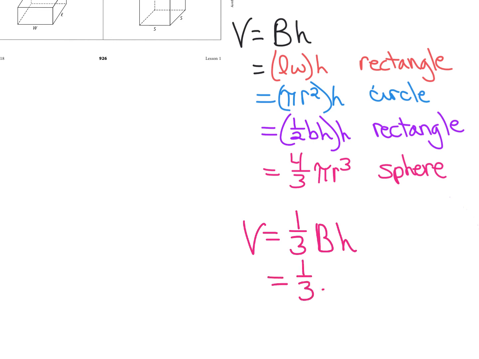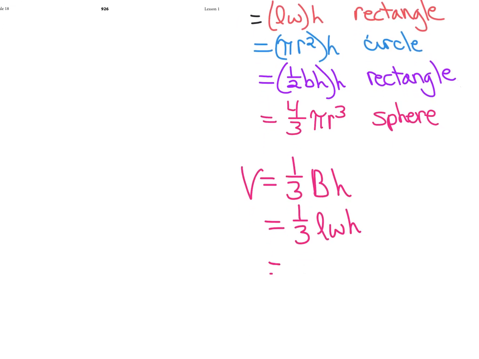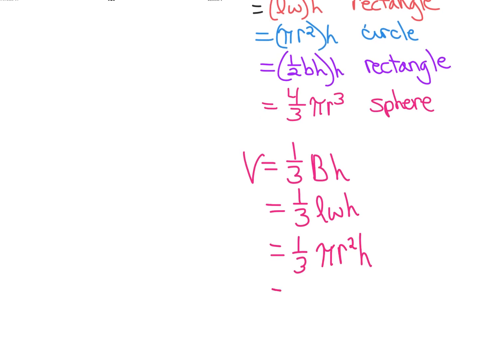So 1/3 length times width times height. 1/3 pi r squared times height. And a triangular base is 1/3, 1/2 base times height times height.